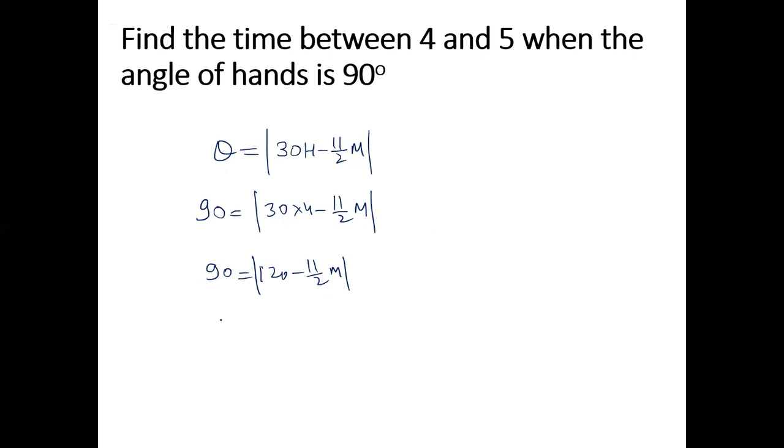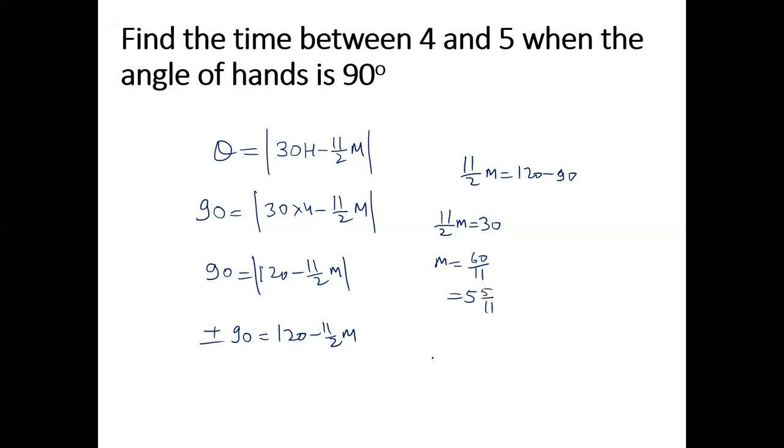And when you remove this modulus, take plus and minus 90. When you take plus 90, 11 by 2m will be 120 minus 90, that is 30, and m is equal to 60 by 11, which is 5 and 5 by 11. And when you take negative 90 degree, then it will be 120 plus 90, that is 210. The value of m will be 420 by 11.